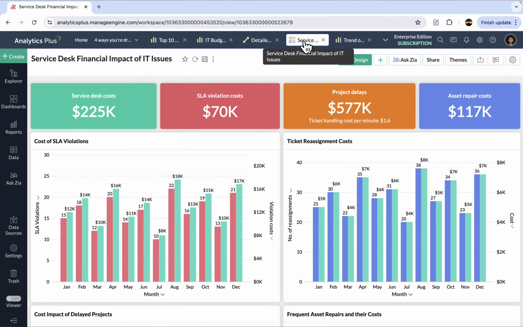This consolidated dashboard pulls in metrics from multiple monitoring and IT applications to centrally list visualizations on significant IT issues and compute their corresponding financial impact.